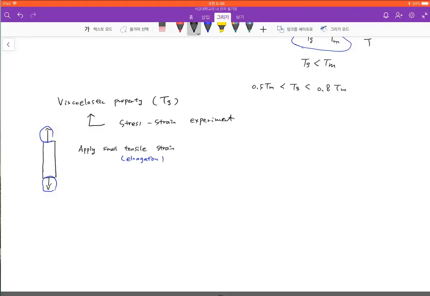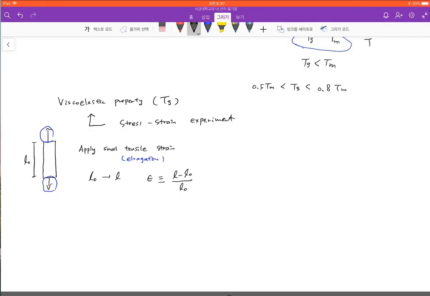Okay, if you apply small strain, the length of this sample will change from L0 to L. And here the strain epsilon is defined as the change of length upon tensile strain over original length.